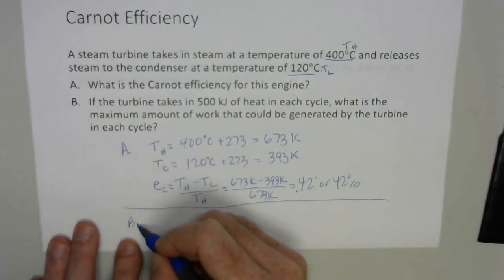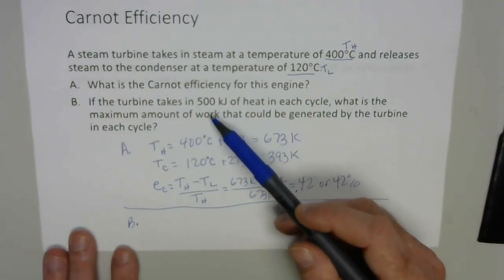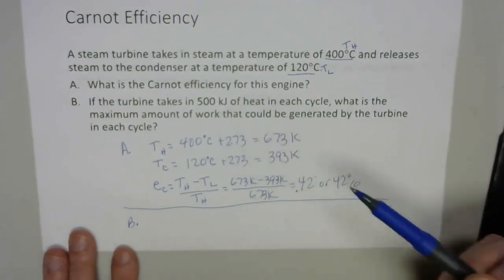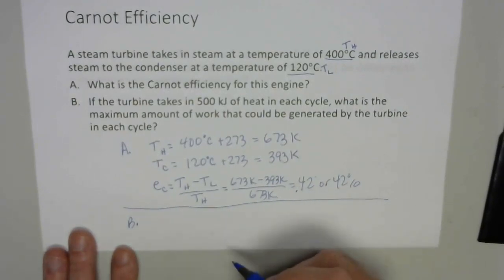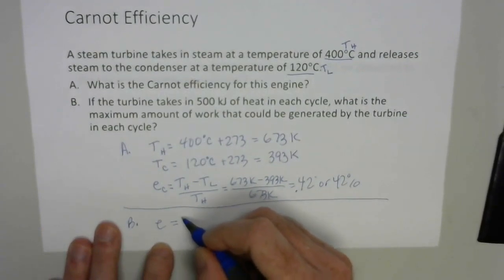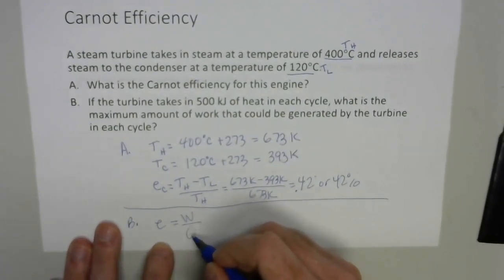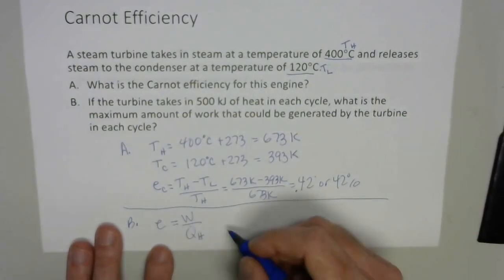So now for part B, if the turbine takes in 500 kilojoules of heat in each cycle, how much work could you do? Well, we know the efficiency. The efficiency is equal to the work divided by the heat from the high temperature reservoir. What we don't know is the work.